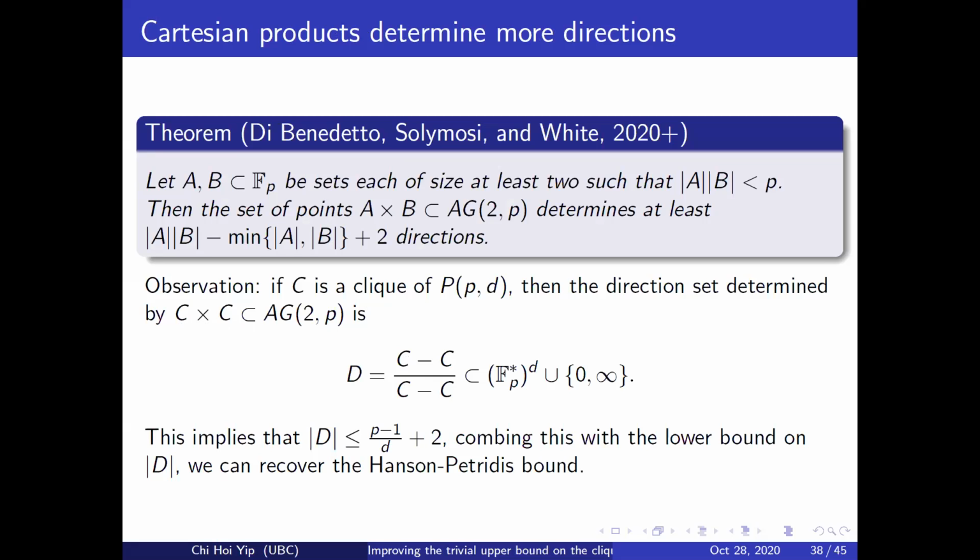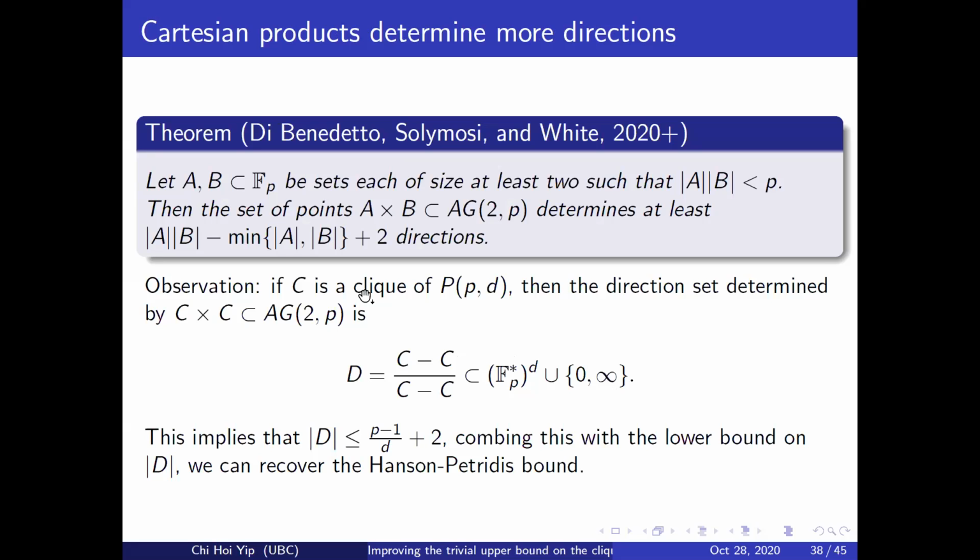By our definition of generalized Paley graphs, each element of C - C will be either 0 or a d-th power in F_p star. Because the quotient of two d-th powers in F_p star is again a d-th power in F_p star, the direction set is actually contained in the d-th powers of F_p star union with 0 or infinity.